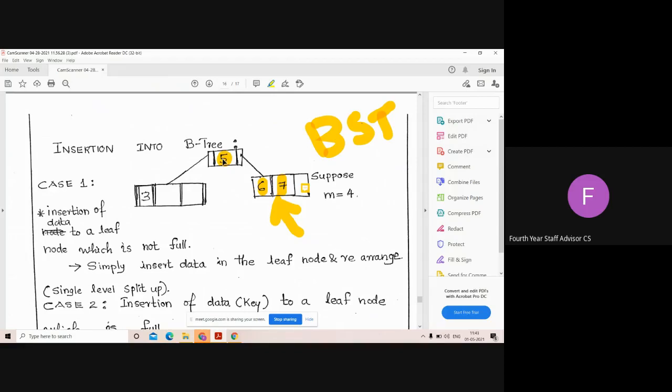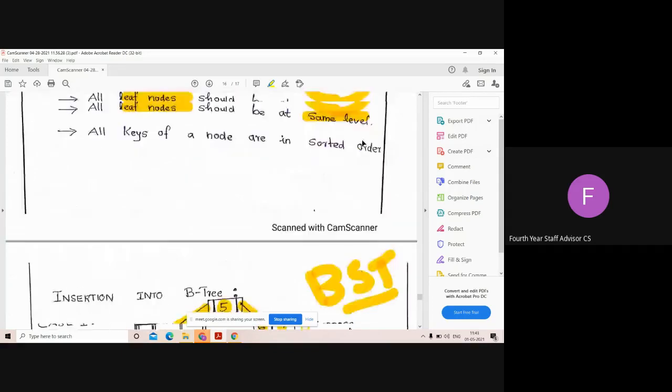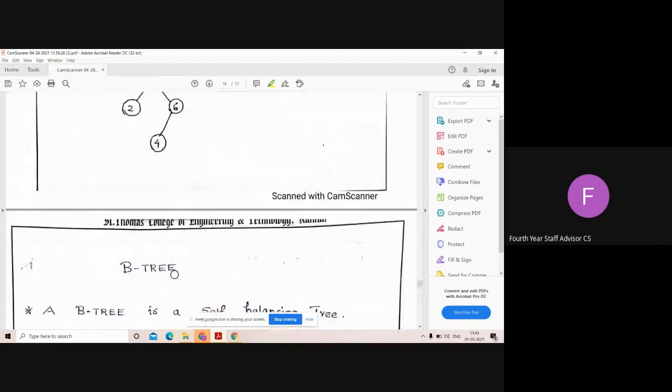If you consider this node and a particular key, 5, then the left child should have keys less than 5, and the right child should have keys greater than 5. So it satisfies the BST property. These are the properties of a B tree. Next, we are going to discuss how the insertion operation can be performed.